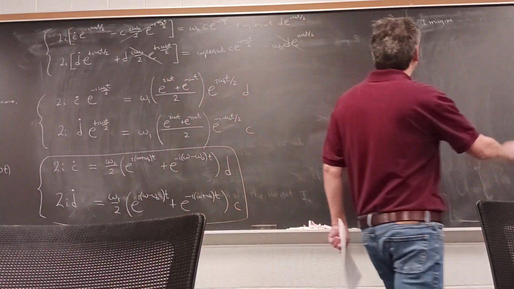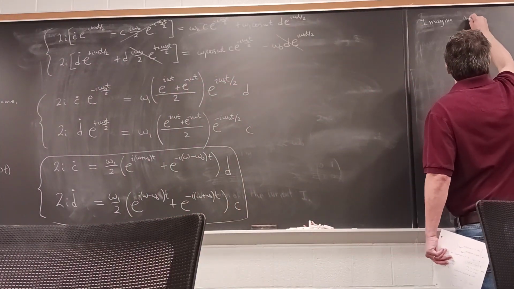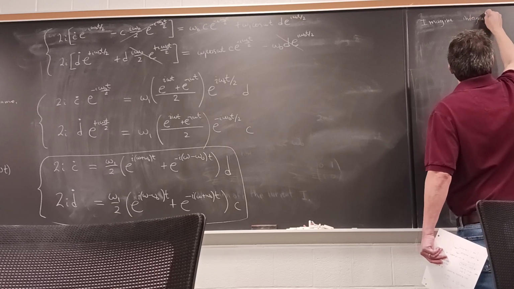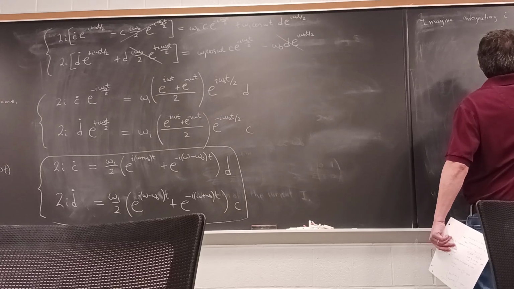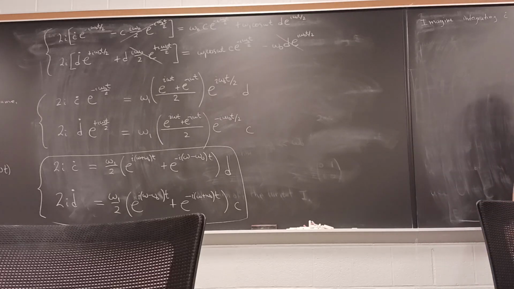Okay, so now imagine integrating. It's hard for you to imagine this because you haven't taken a numerical course and learned how to integrate functions numerically. But if you integrate a function numerically, you actually just step along and sum it up, just like a Riemann sum.